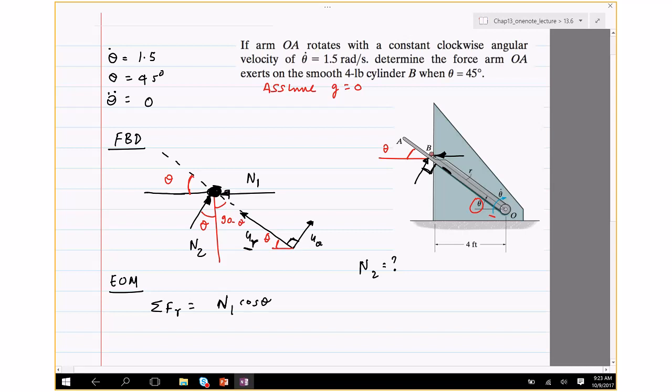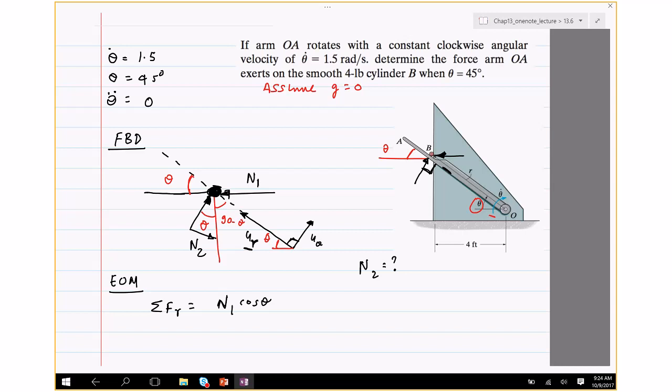And then N2 needs to be resolved in the direction of R. So it's going to be N2 sine theta. So this way. Is that right? No. That's not right. N2 is normal, so the component is going to be 0.